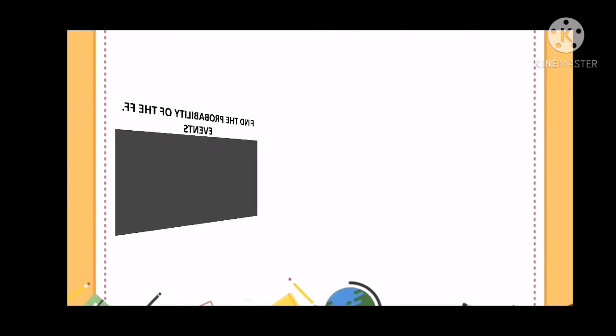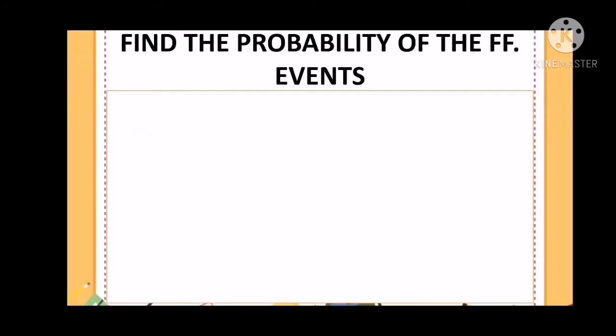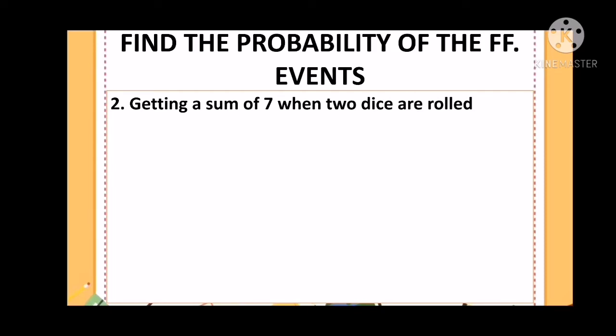Another. Ano ba yung pangalawang example natin? Getting a sum of 7 when 2 dice are rolled. Ano yung variable na involved? Dice. Ibig sabihin, dalawa yung die. Number of possible outcomes. Bakit siya 6 squared? Dahil ang isang die, meron siyang 6 na faces, and meron kang dalawang die or dice, kaya siya squared.